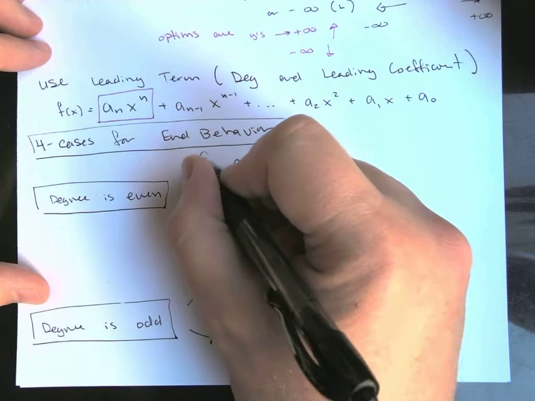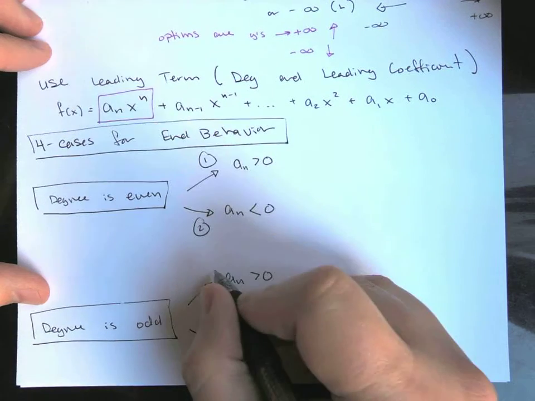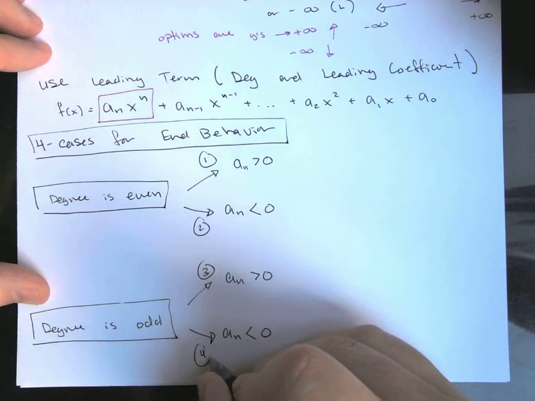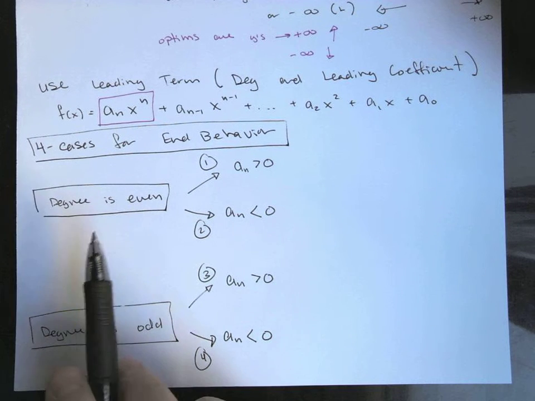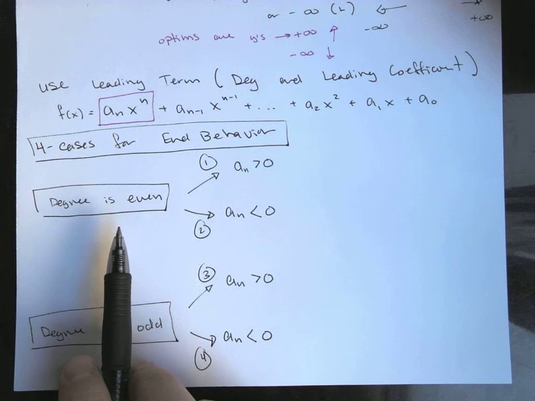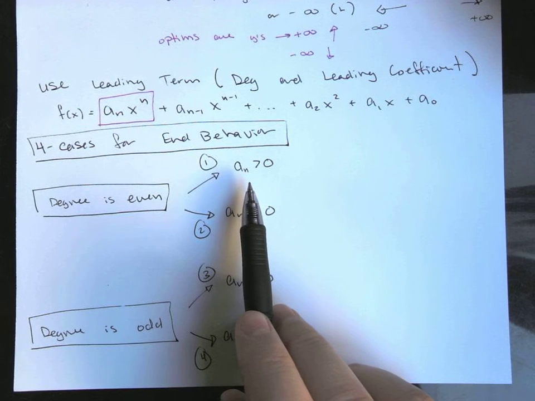So we get cases 1, 2, 3, and 4. The first is an even degree on your highest power and a positive coefficient.